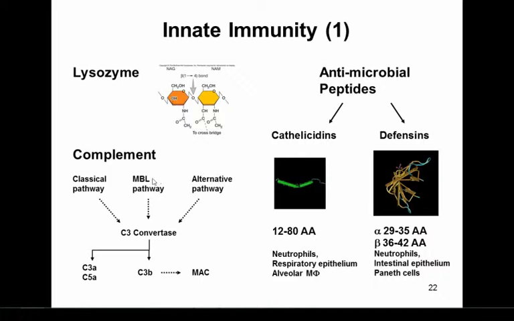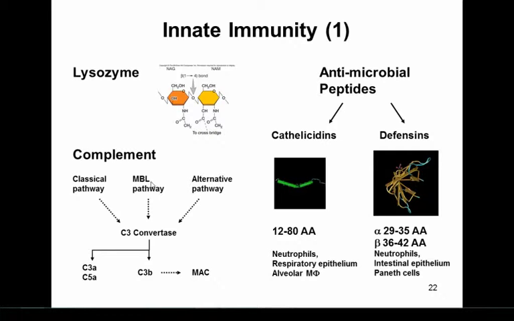The MBL pathway. MBL stands for mannan binding lectin. The clue here is the word lectin. A lectin is a protein that recognizes specific carbohydrate structures. These are soluble proteins in the blood, and they can specifically fix to the types of carbohydrates that you find on the outside of the bacterial cell, that have mannan.